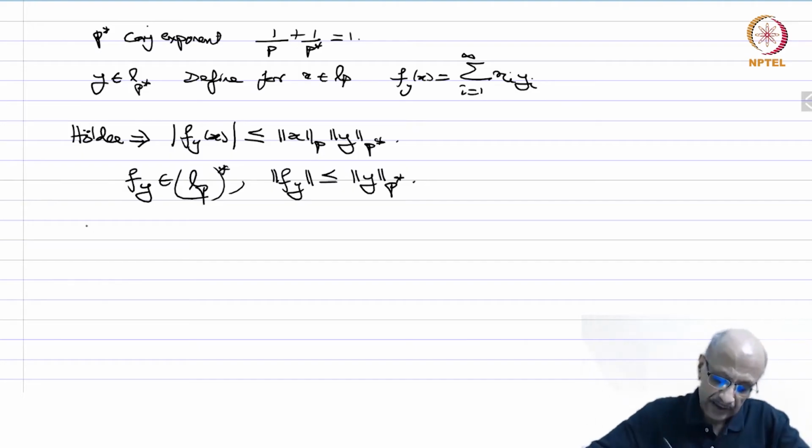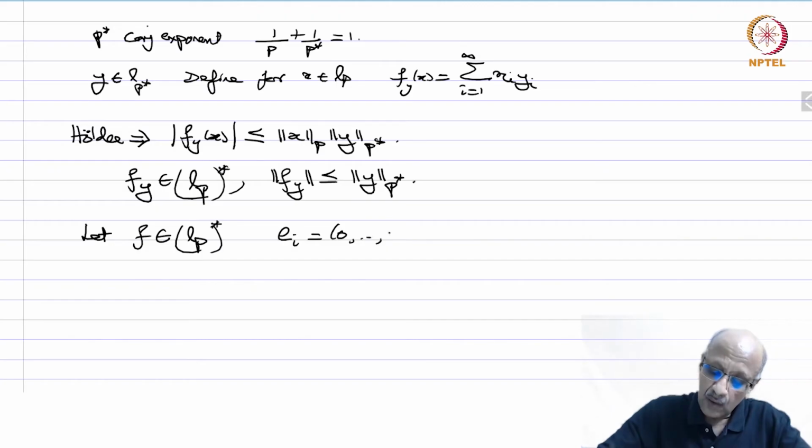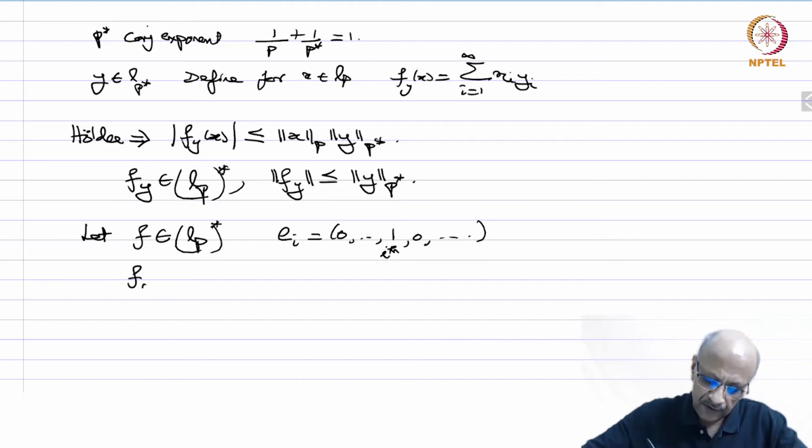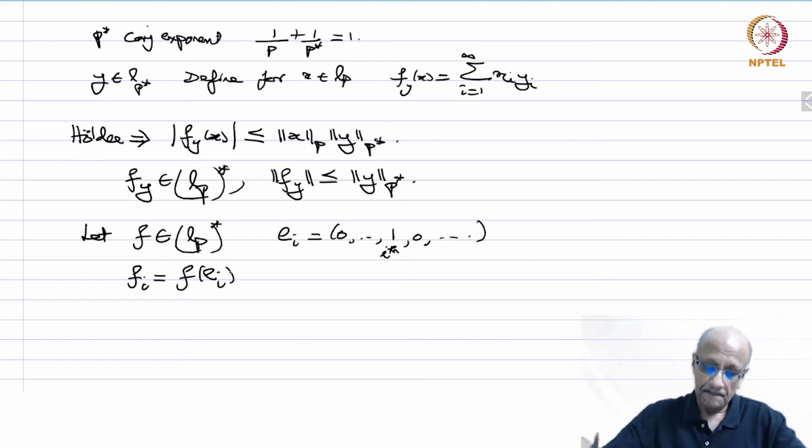So let now F belong to lp star. It's an arbitrary element of the dual. So now let ei be the sequence which is 0 etc., 1 in the ith place and then 0 etc. And you define fi equals F of ei. Okay.